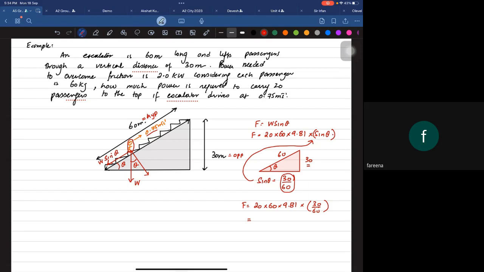You can put the angle, but that would be an extra step. Like if you find theta by taking the inverse and put theta again, it would give you the same answer. You want to try? Let's see.